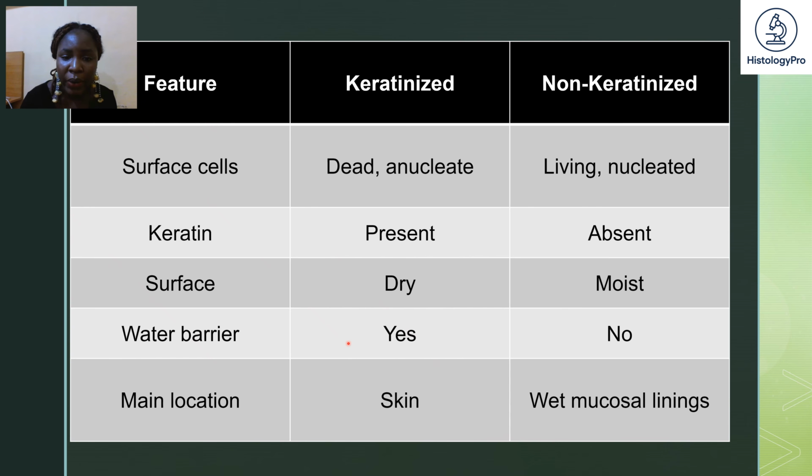There is a water barrier in keratinized stratified squamous epithelium, but no water barrier in the non-keratinized type, because of the absence of the stratum granulosum. Main location: the epidermis of the skin for keratinized; mostly wet mucosal linings, especially the ectocervix, the vagina, the esophagus, and the anal canal, for non-keratinized.